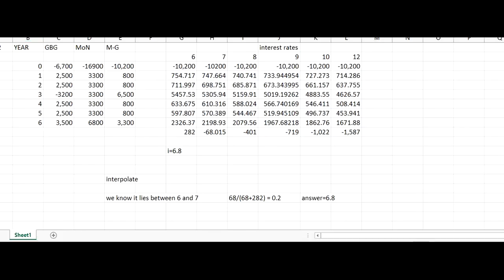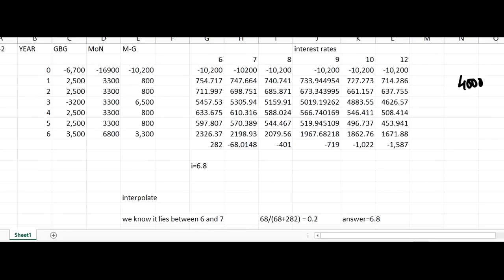It can be calculated as follows. For GBG you have been given a value for annual operation cost, that is 1500, and an annual benefit that is 4000.